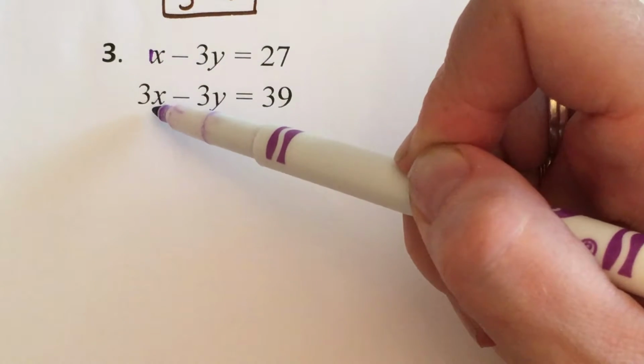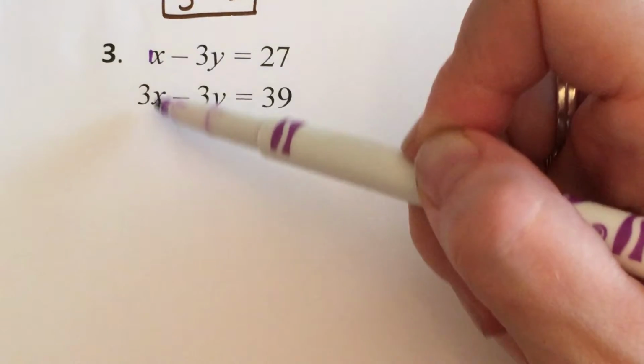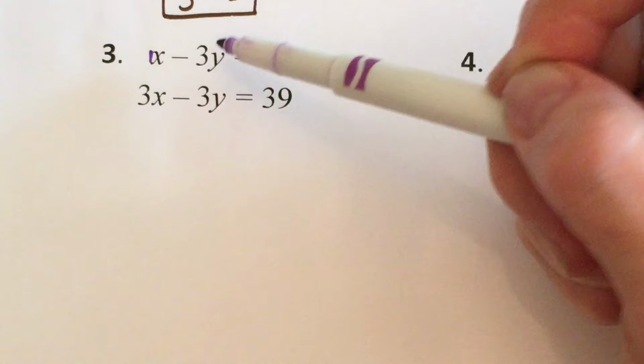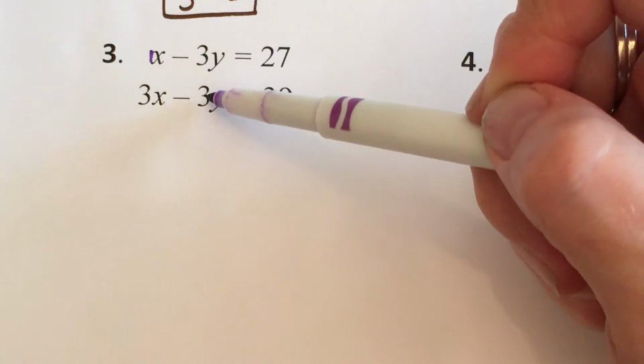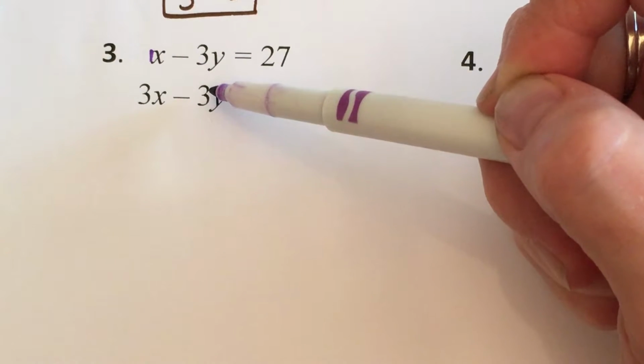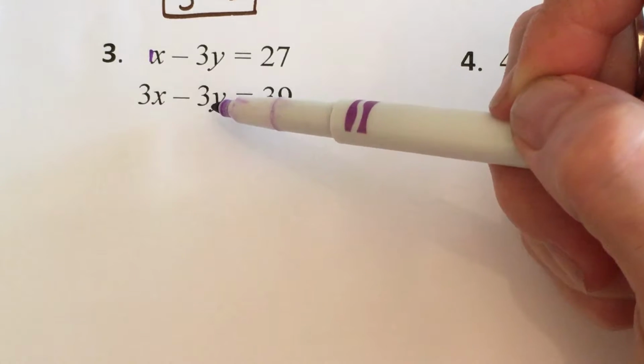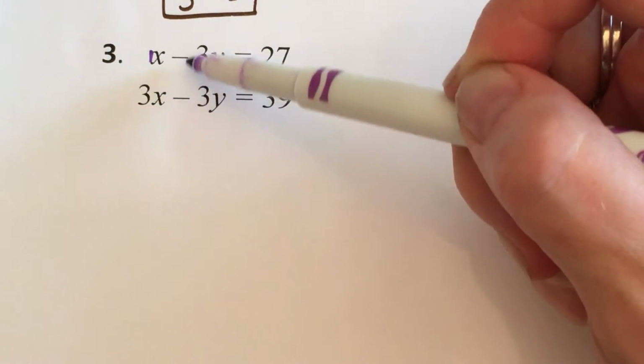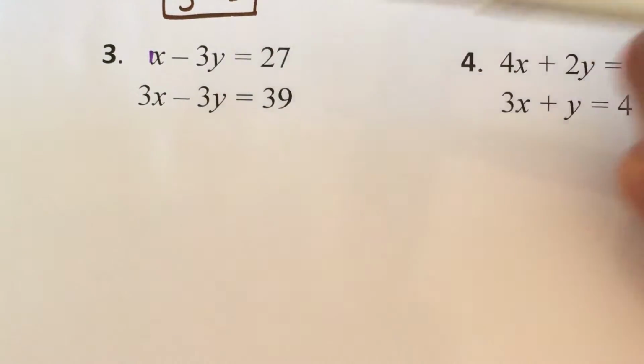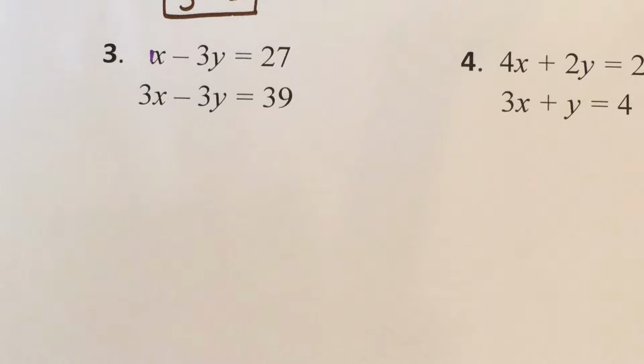This x is 1, this x is 3. Not the same. This y is 3, this y is 3. Okay, that's cool. Those are the same. But they're both negative.